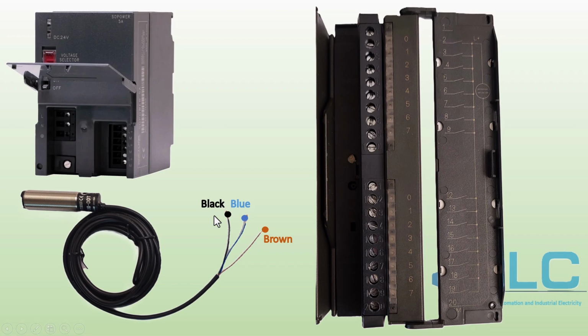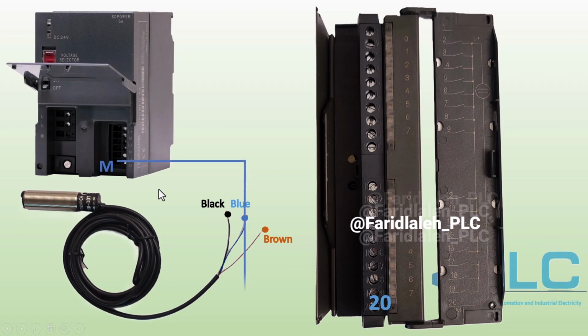Now, let's wire this sensor step by step. 1. Connect the negative M terminal of the power supply to the blue wire of the sensor, and also to terminal 20 of the input module. 2. Connect the positive L+ terminal of the power supply to the brown wire of the sensor. 3.